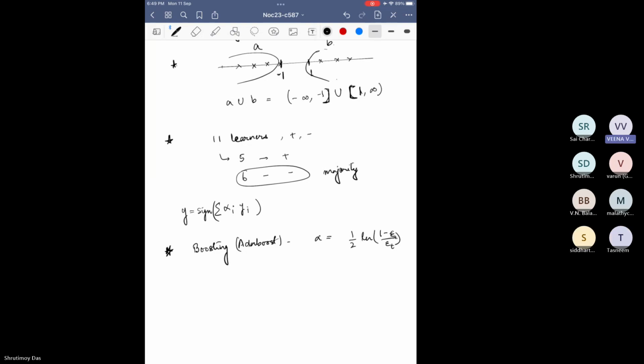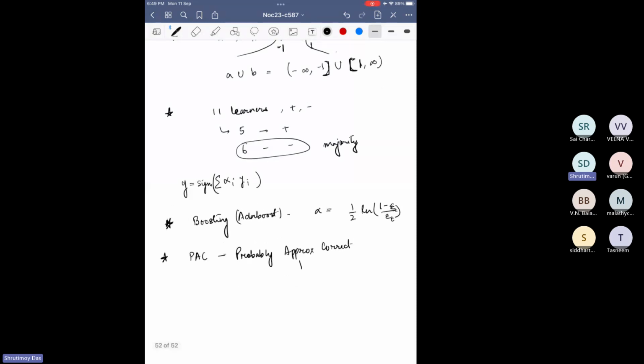Sir, in this PAC model, we have two parameters, epsilon and delta. This epsilon is error, but what is this delta, sir? Okay, so PAC is probably approximately correct. There are two terms, right? First of all, you want some hypothesis that is approximately correct, and we want some confidence on this.